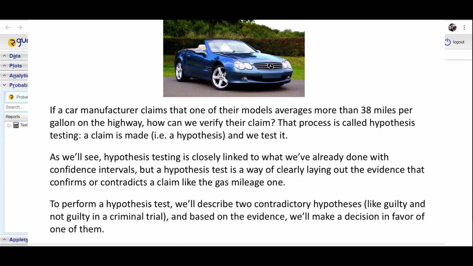The basic thing to remember is the two statements will be contradictory. Then you're going to collect your sample data, which will be our evidence, and we are going to use that evidence to make a decision in favor of one of those two statements, such as what the jury does, because at the end of the trial, the jury says we find the defendant guilty or not guilty.